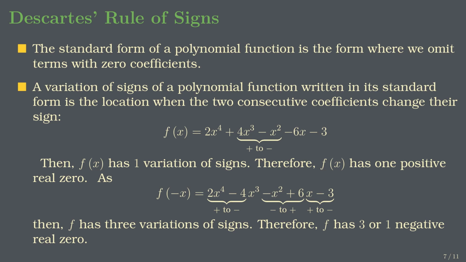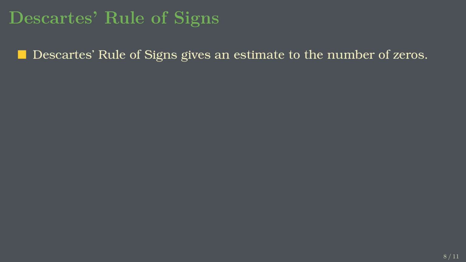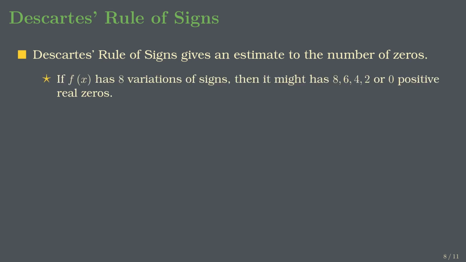Descartes' rule of signs has some limitations. First of all, it only gives us an estimate of the number of zeros. If f(x) has variations of sign, then we can only tell that it might have 8, 6, 4, 2, or 0 positive real zeros.